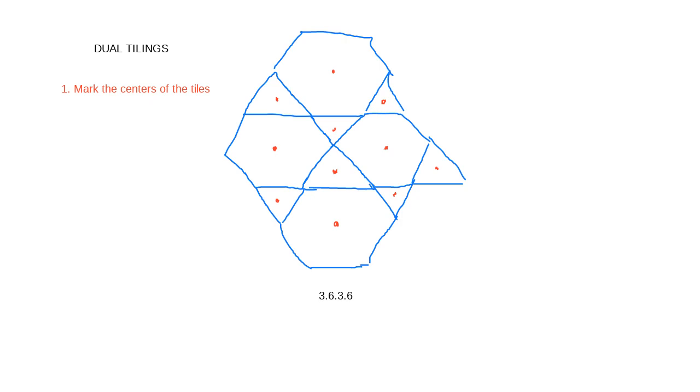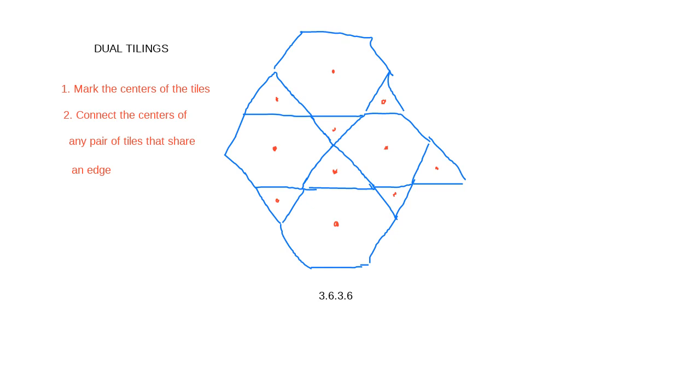And then 2, connect the centers of any pair of tiles that share an edge. Okay, so we have to unpack that a little bit. Connect the centers of any pair of tiles that share an edge. Now let's talk about that.